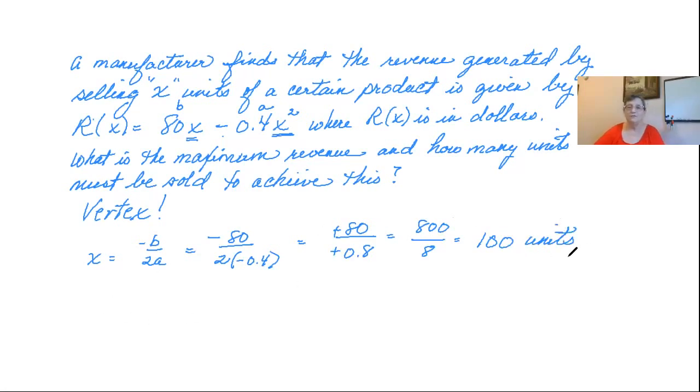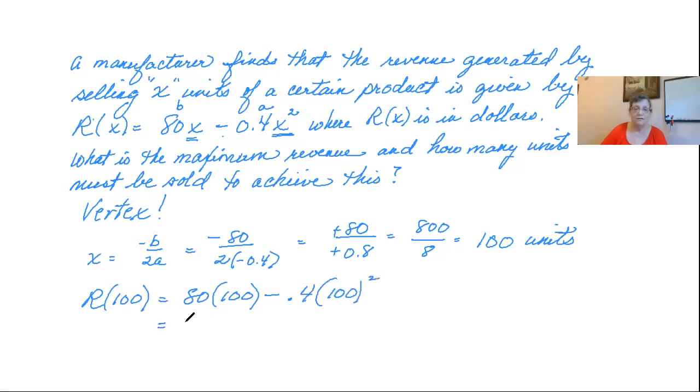So we have to sell 100 units, and the revenue generated by selling 100 units is going to be 80 times 100 minus 0.04 times 100 squared. It's going to be an 8 with 3 zeros minus 0.04 times a 1 with 4 zeros, because squaring it will double that.